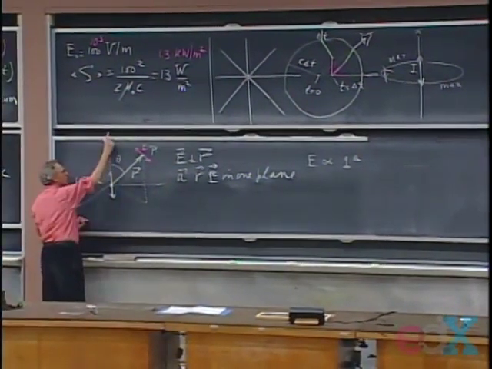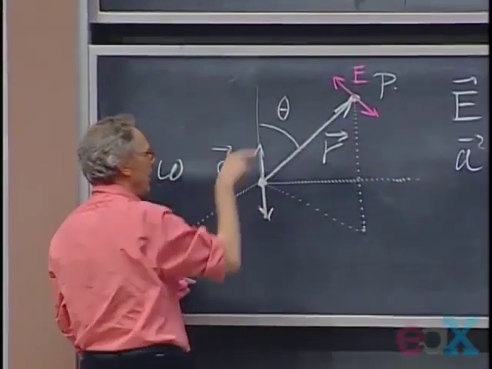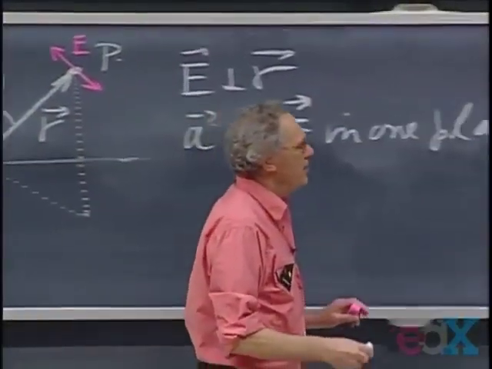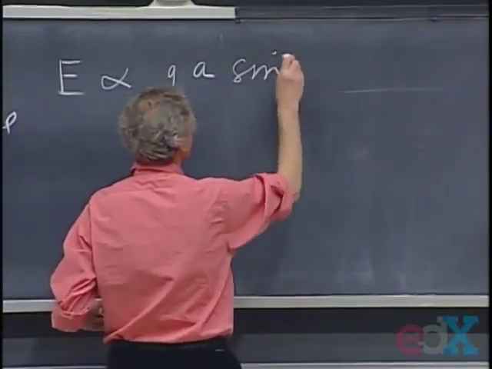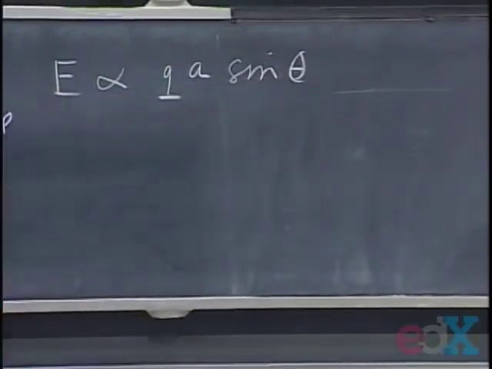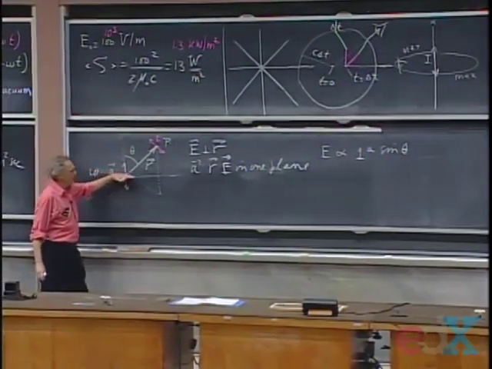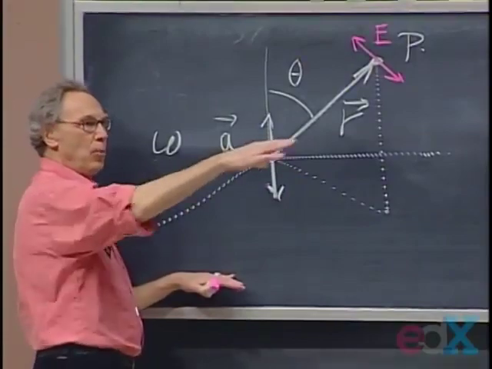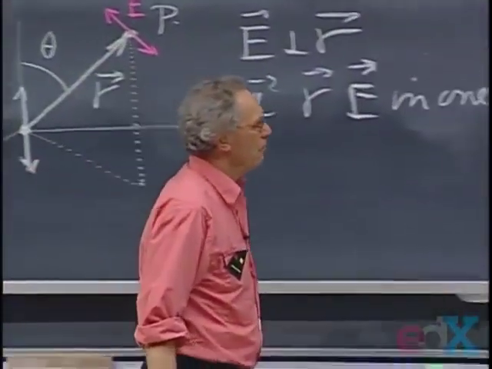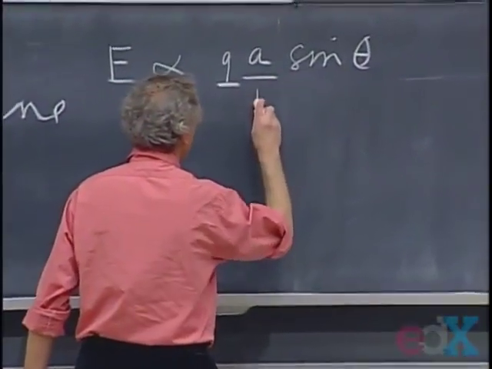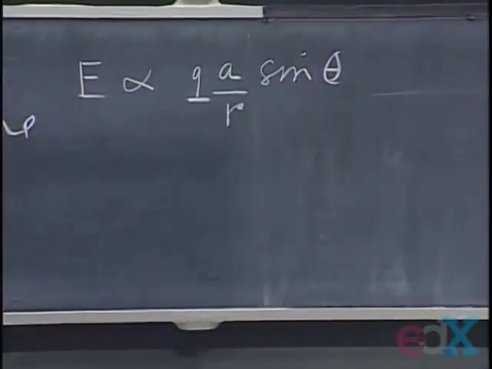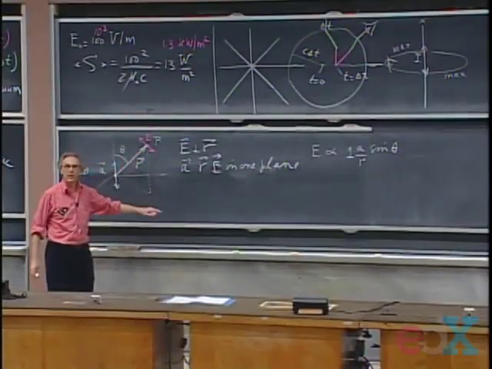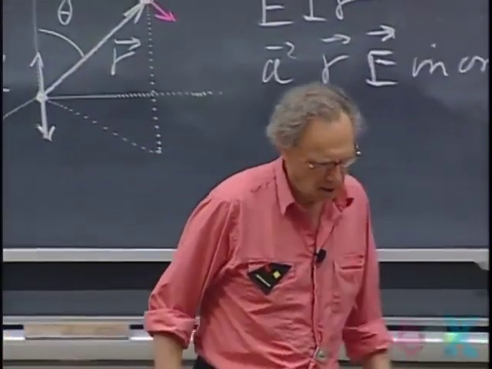No energy goes out in this direction, so no electric field is produced in this direction, and the maximum is produced in this direction, and somewhere in between, and that is then reflected by the sine of theta. If theta is 0, nothing goes out. If theta is 90 degrees, you get a maximum. That's the whole plane perpendicular to this oscillating charge, this whole plane, maximum electric field. And then, and that may not be so obvious to you now, it's also inversely proportional to the distance r.